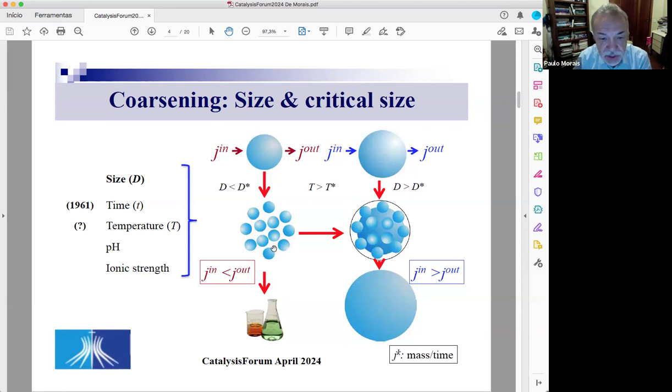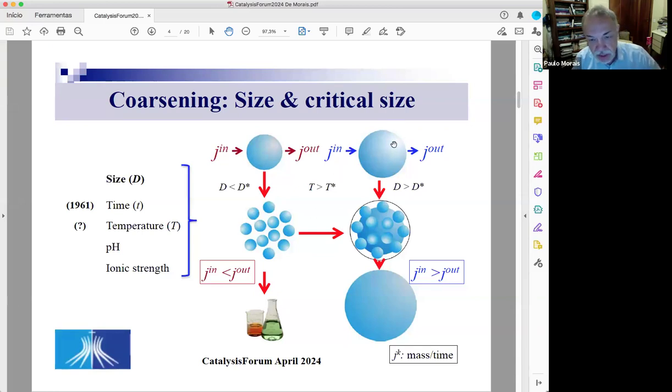So this is one scenario. Let's say we start one day with a colloidal suspension of nanoparticles, and a few days later you have a clear solution, which means your nanoparticle, at the nanosize scale, is completely dissolved in solution.